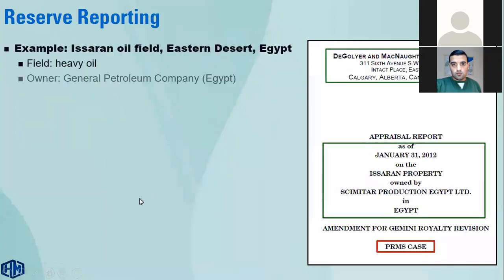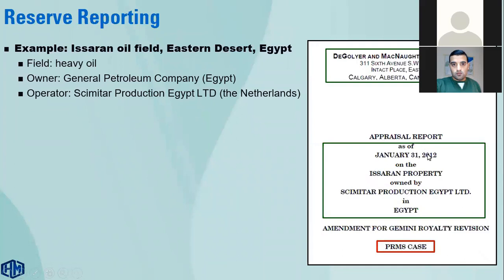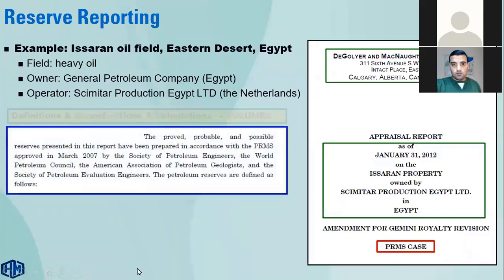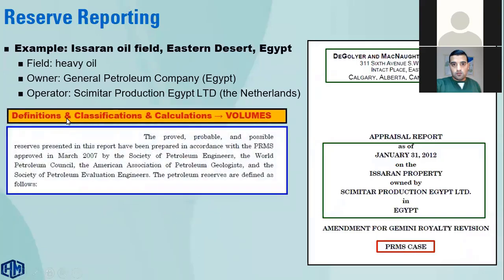This is a field sample of reserve reporting. As you can see, it's a reserve report as of January 31, 2012, for a concession in Egypt. As you can see in this report, we have a PRMS case. Inside this report, you will find different definitions, classifications, and calculations of reserve.